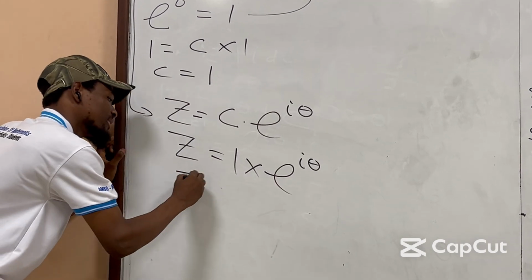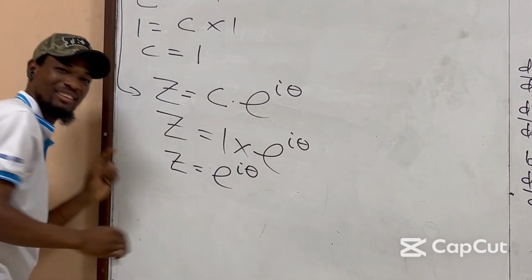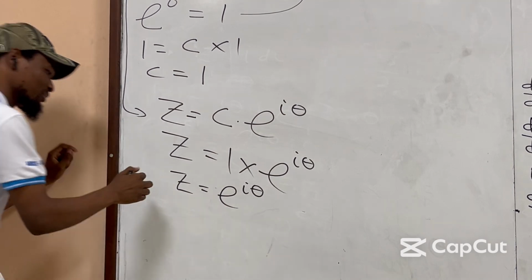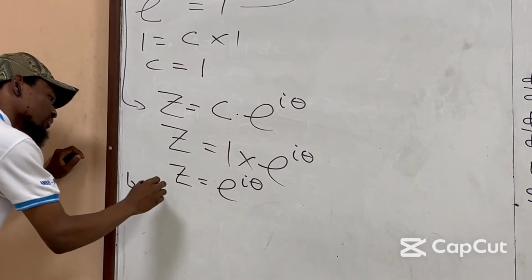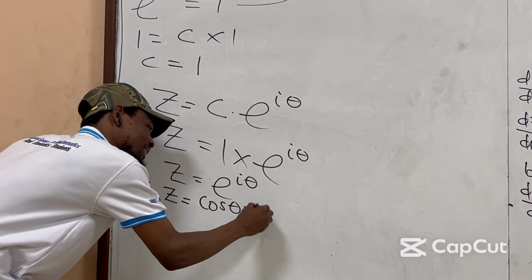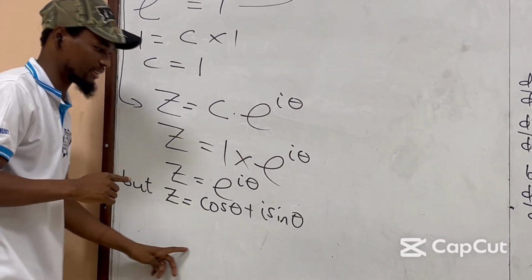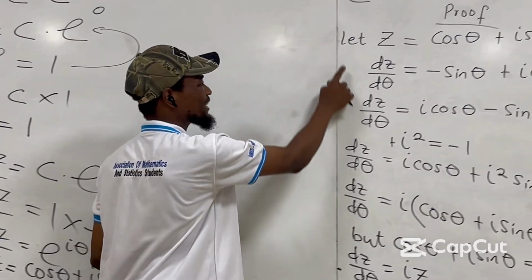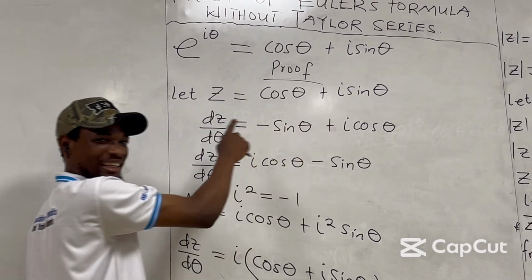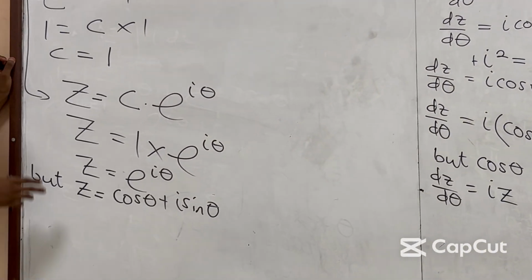So I have z is equal to e to the power i theta. Remember again, we said but z is equal to cos theta plus i sin theta. Remember this from the onset here. We said let z be equal to cos theta plus i sin theta.